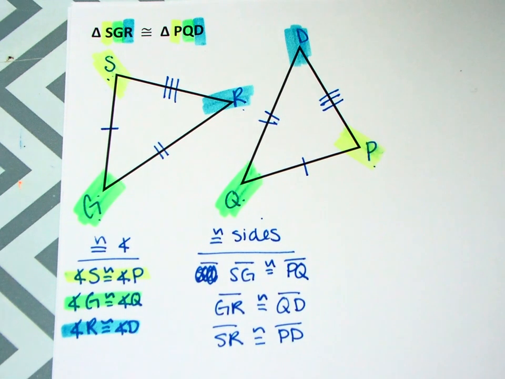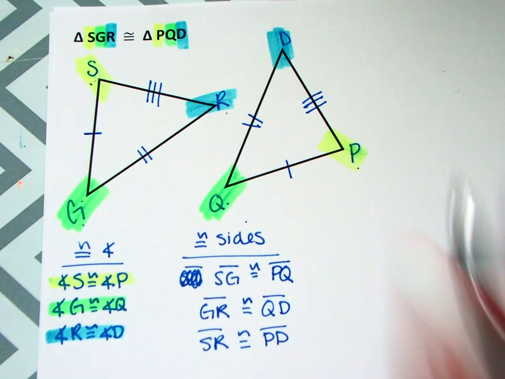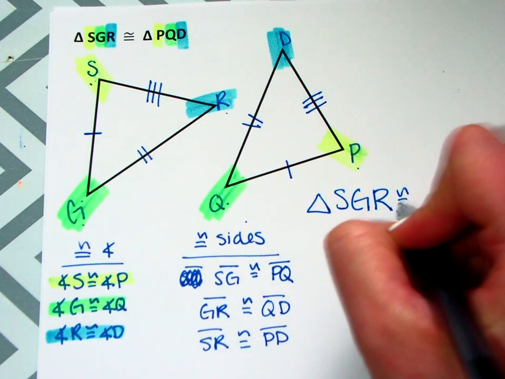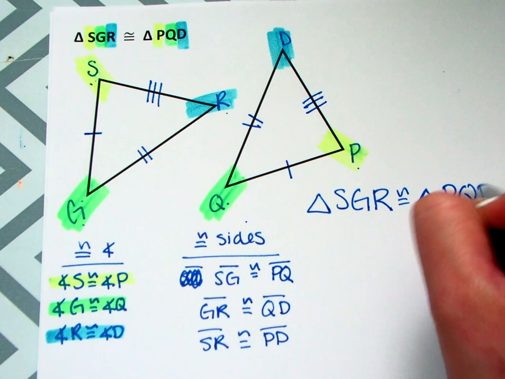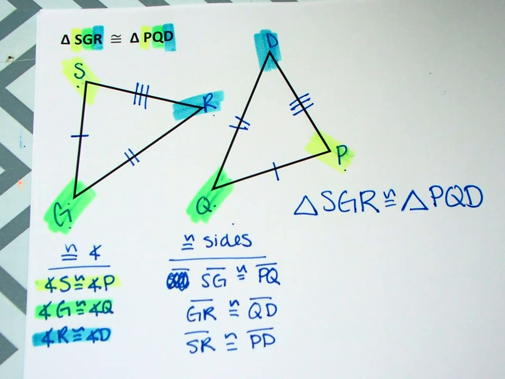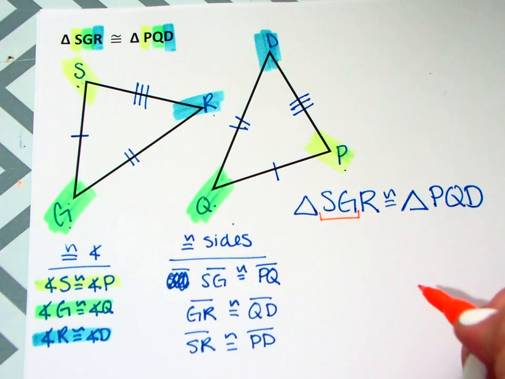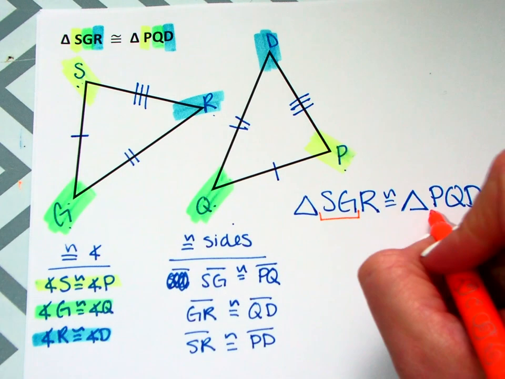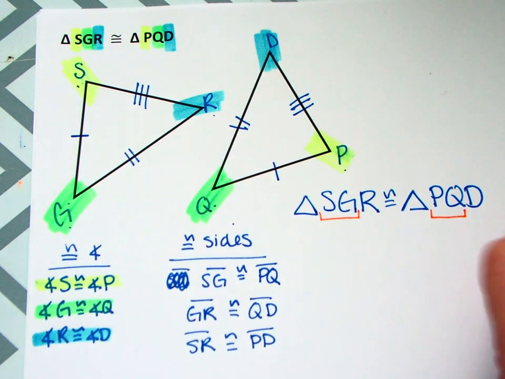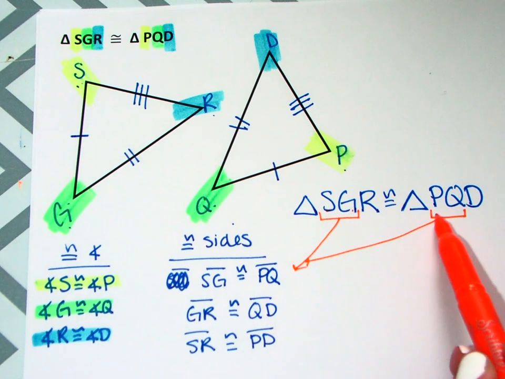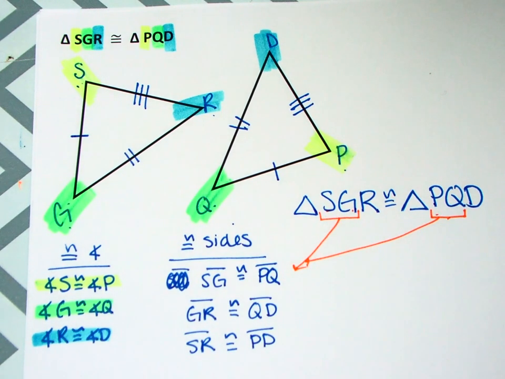Okay. You can also use the congruency statement to help you with this. So I'm going to rewrite it down here so it's a little bit bigger. So triangle SGR is congruent to triangle PQD. When you're working with the segments, you can also find the congruent segment names inside of the congruency statement. So if you notice, SG is first to PQ first. SG is congruent to PQ. Now you can do that with all of the segments.